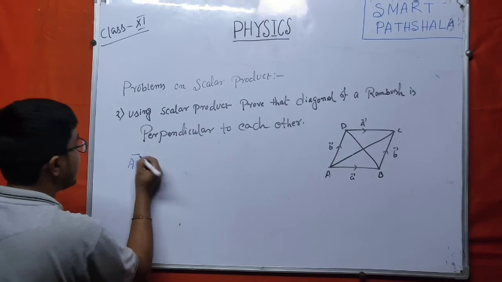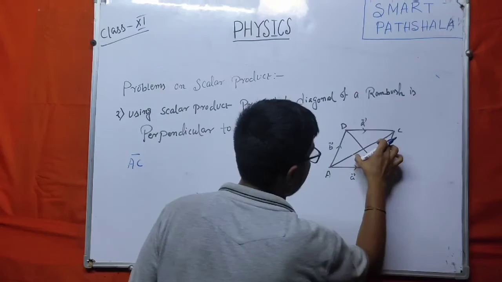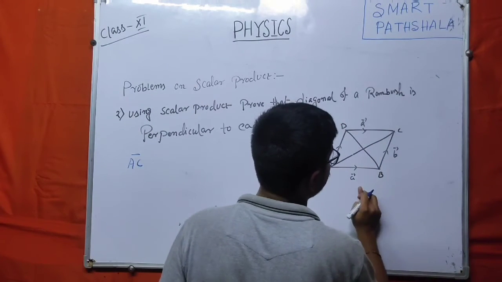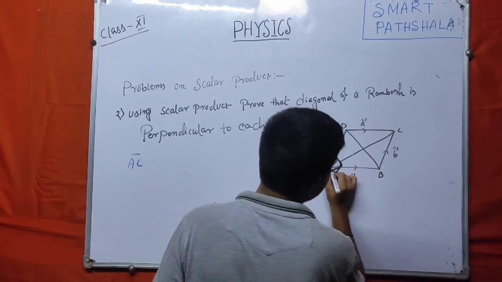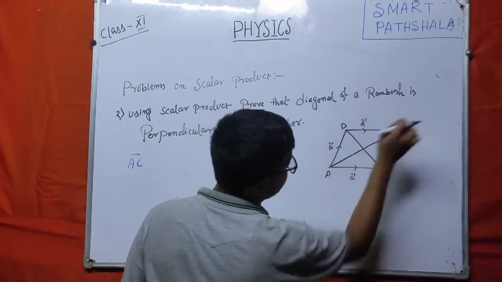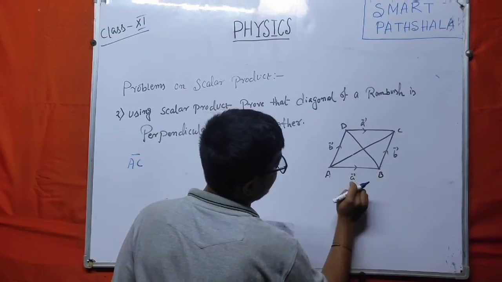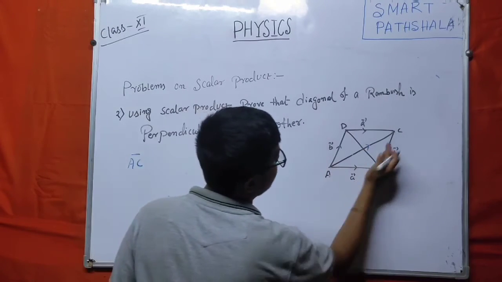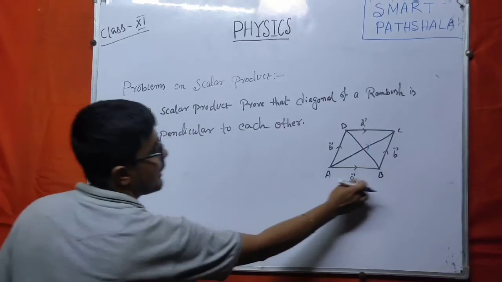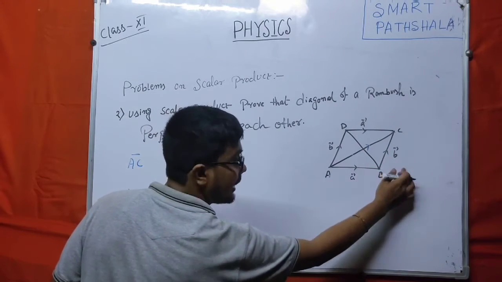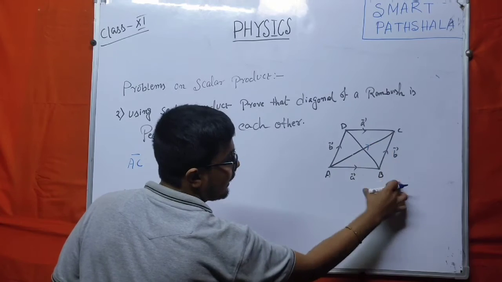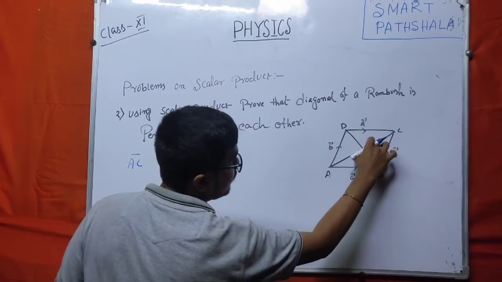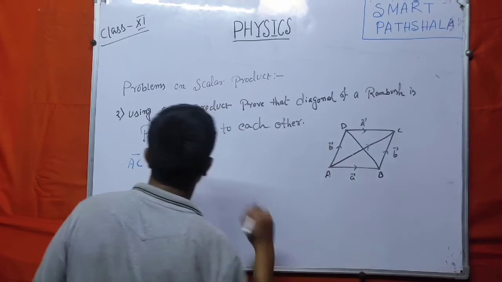Now we have to find the first diagonal AC. Apply triangle law in triangle ABC. AC is equal to a vector plus b vector, taken in order, and the third side will represent the resultant of these two vectors taken in opposite order.